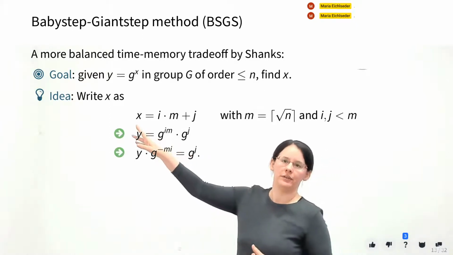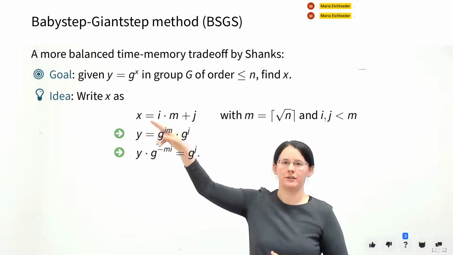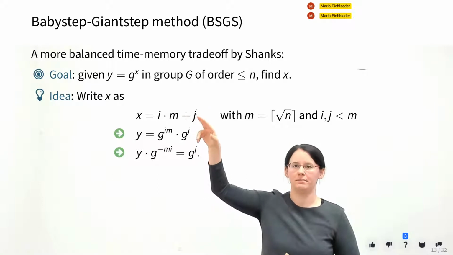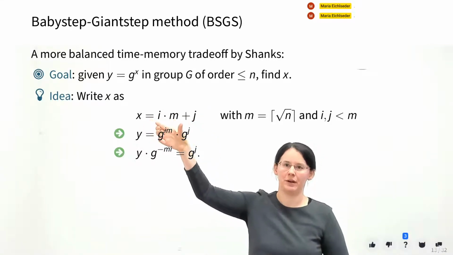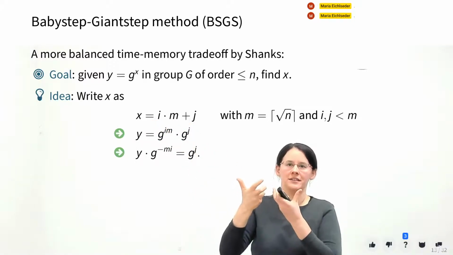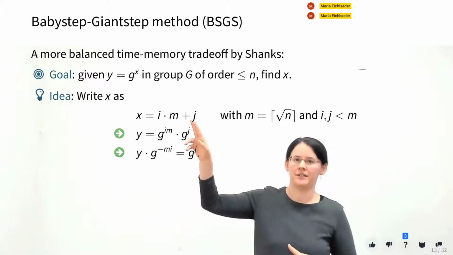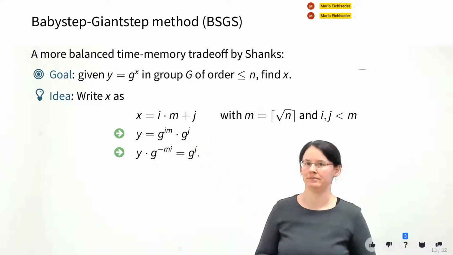And I will rewrite my exponent in some more significant bits i and some less significant bits j. We also call these the giant steps because increasing i by 1 makes a very big step, whereas these are the baby steps, where increasing j by 1 just steps forward by 1.